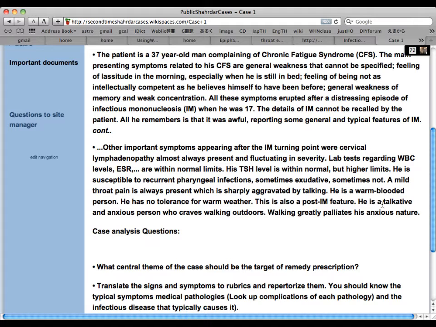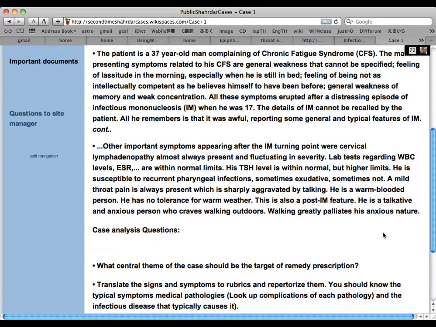He is talkative, loquacious, and anxious. Okay, he is a talkative and anxious person who craves walking outdoors, so he likes fresh air. Okay, walking greatly palliates his anxious nature. So palliates means he doesn't get well, but he feels better. Okay, so ameliorates.